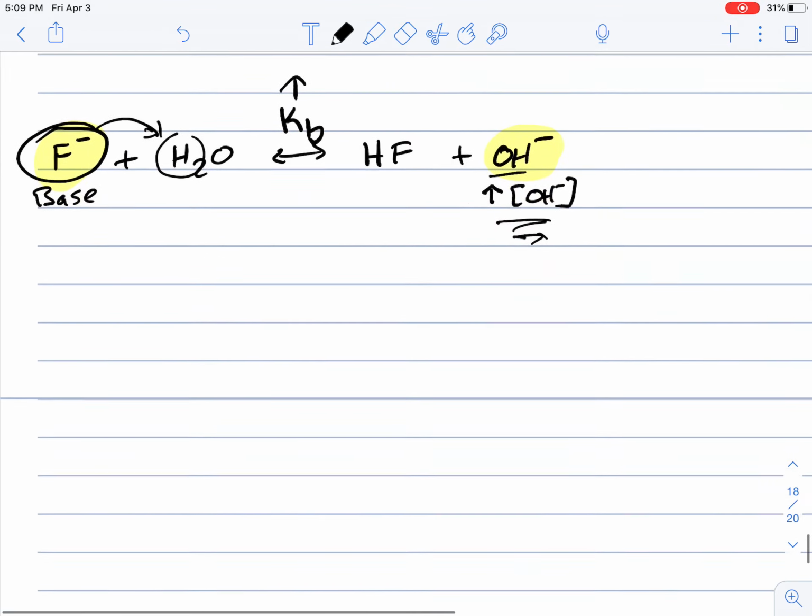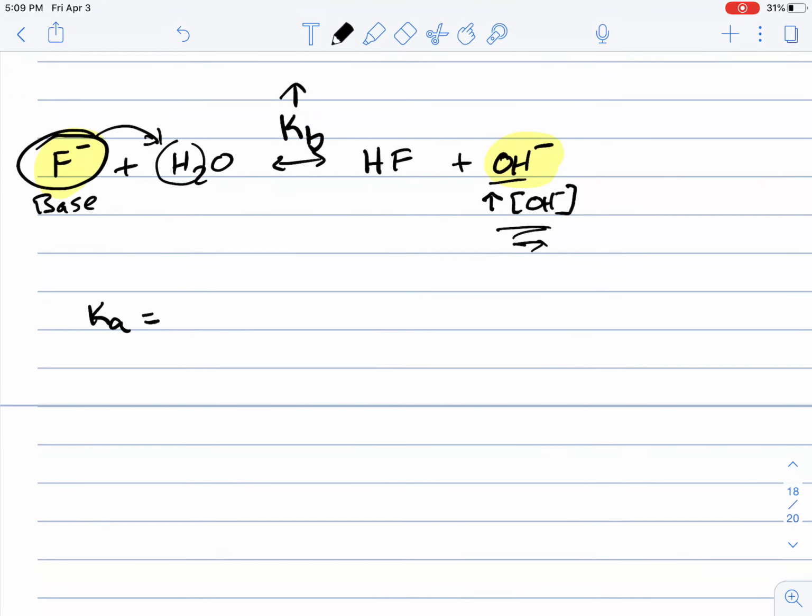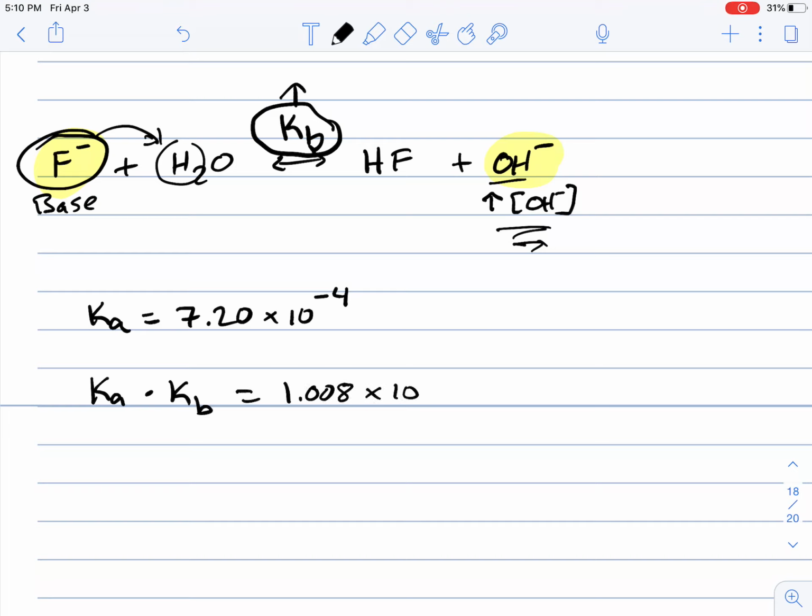Okay. And so since the given value for Ka is 7.20 times 10 to the negative 4, we want to make sure that the K value that we're using is reflective of the actual chemical reaction that's occurring in solution. And so we're going to use a relationship, Ka times Kb is equal to 1.008 times 10 to the negative 14.